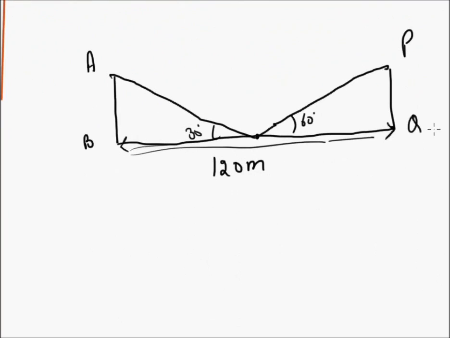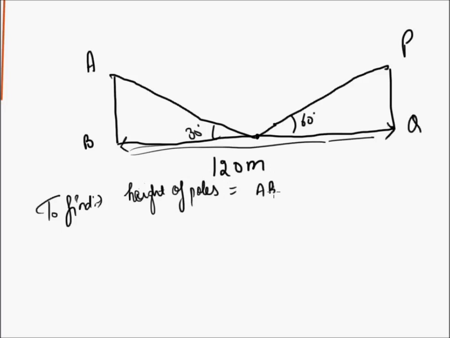Now we have to find out the height of the poles, that is AB equals PQ, an unknown quantity, as well as the distance of the point from the poles.